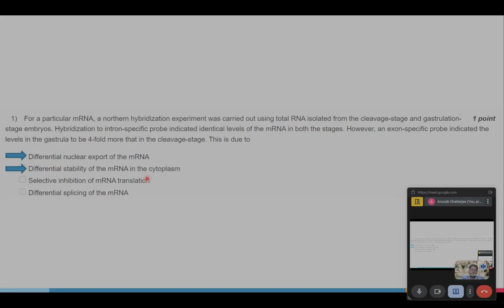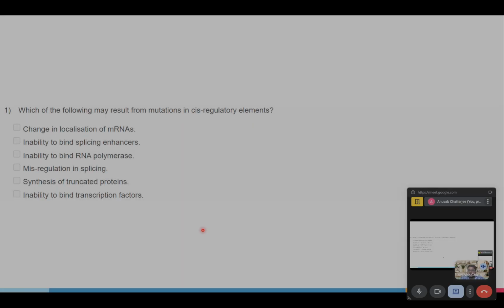So in the case of the ectoderm, the stability is much higher, so much more mRNA is accumulating there, whereas in case of the endoderm or the mesoderm, it is immediately being cleaved off, and so you do not have a large amount. Okay, so the correct answers were A and B, and we are moving on to the next question.